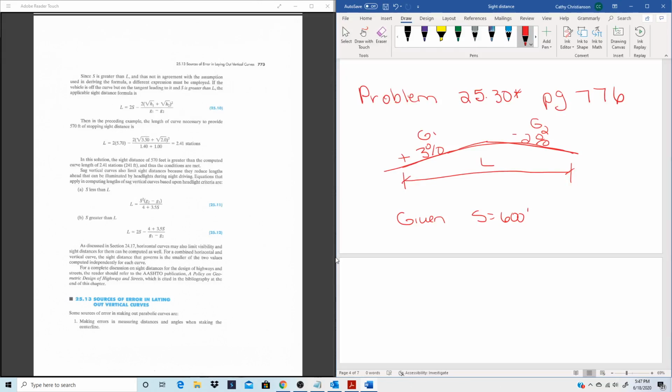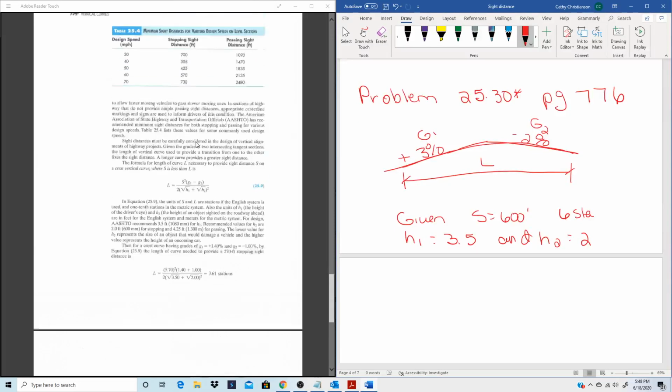S would be 600 feet, so that would be 6 stations. H1 is 3.5, and H2 is 2. Again, those are the ones that AASHTO recommends.